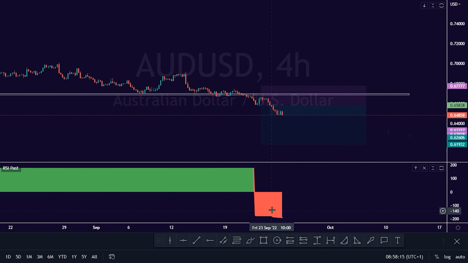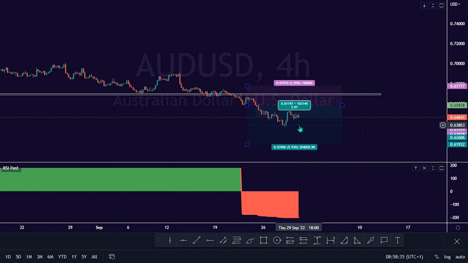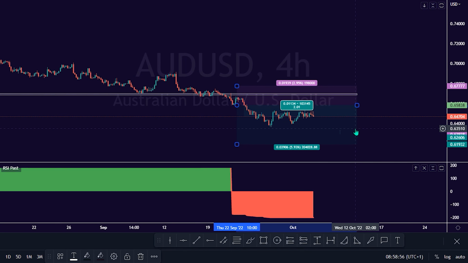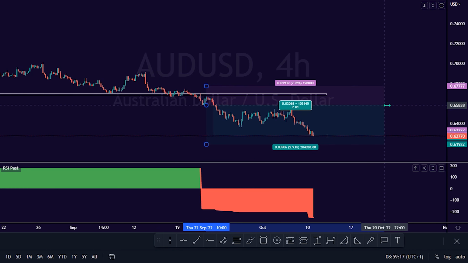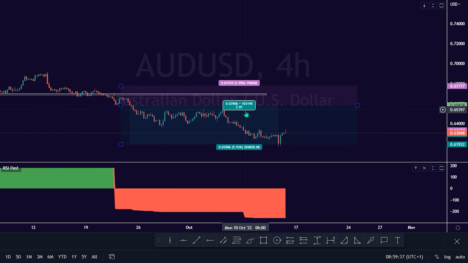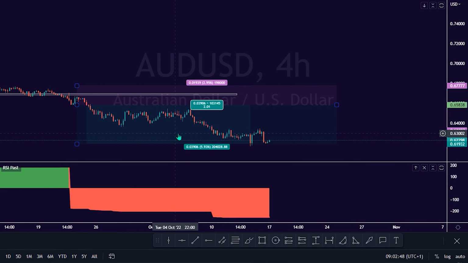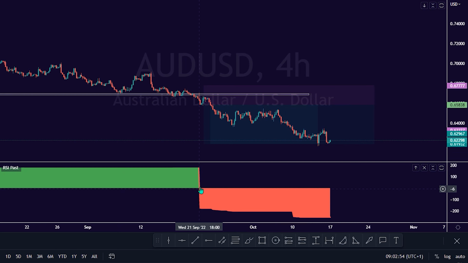The bearish trend proceeded down aggressively. Take profit achieved. This is how to sell with the RSI Past indicator in a downtrend market condition.